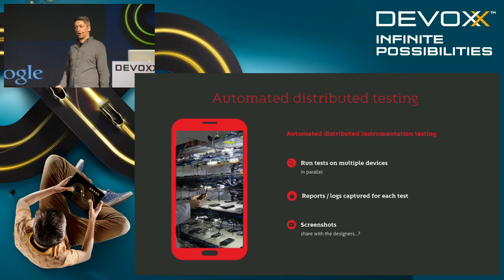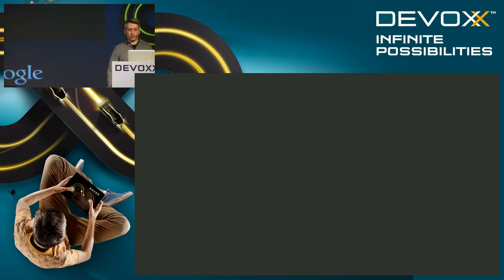If you, for instance, run tests on a whole set of devices, hopefully different form factors and so on. If it would be easy for the designer to get from time to time a very quick overview, like let's say a dashboard where you can see, oh, on a small tablet or on a small phone, the layout is totally off. I think it's really helpful if you can set up something and share with your designers.